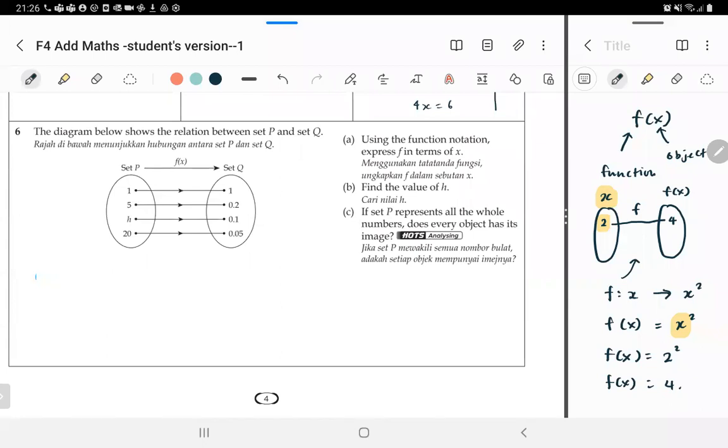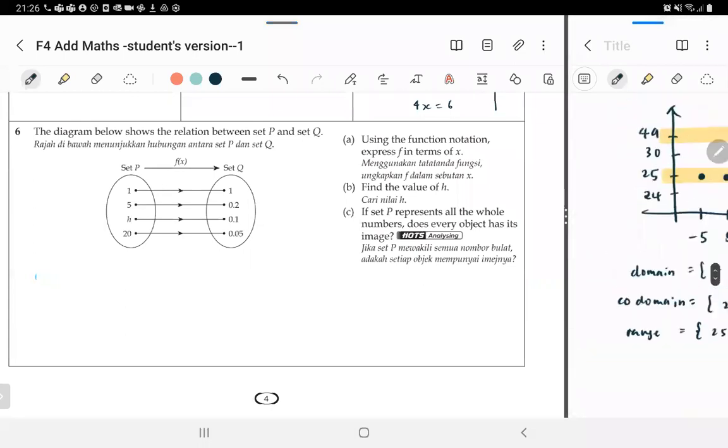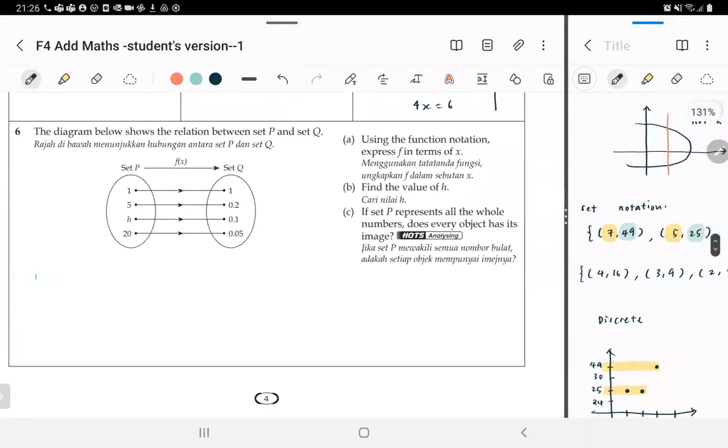Okay, got the answer already. Using the function notation, express f in terms of x. Function notation is this one, the bracket thingy. So you start with f(x) equals to... Function notation.